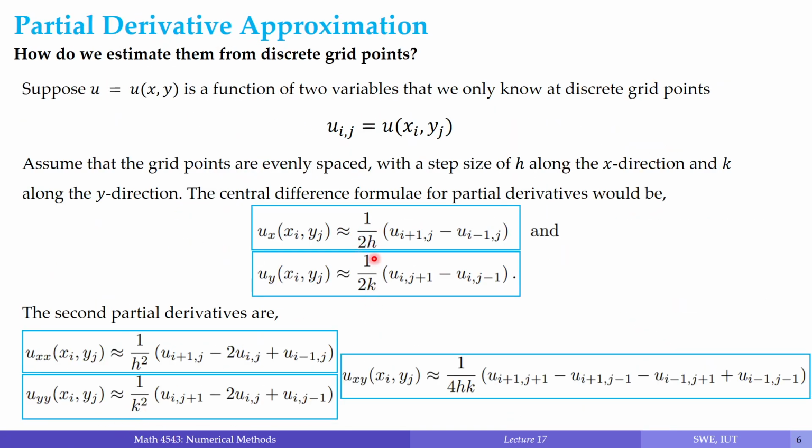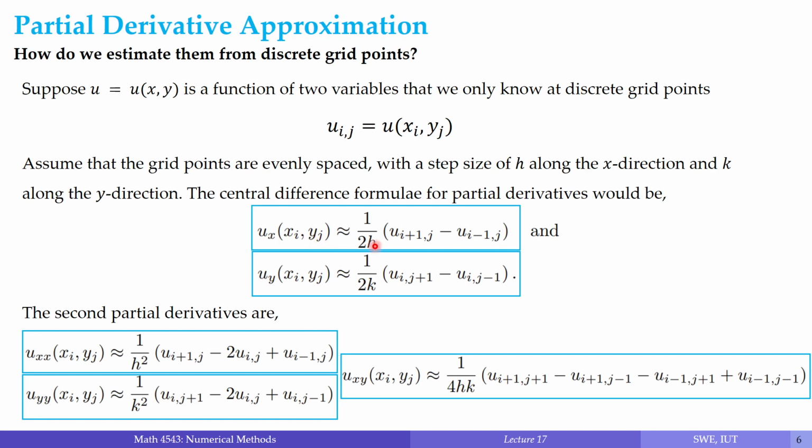So that's why we're going to use 2h as the denominator. This is what the central difference formula for approximating the partial derivative of a bivariate function u with respect to x at the point x sub i and y sub j looks like.